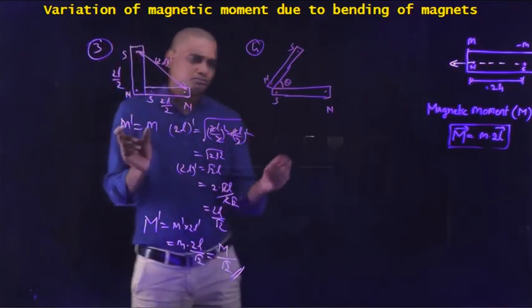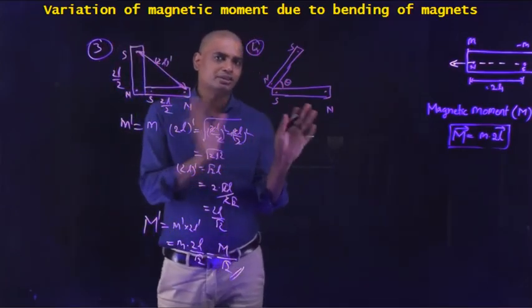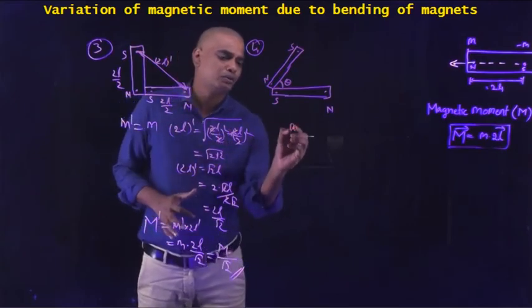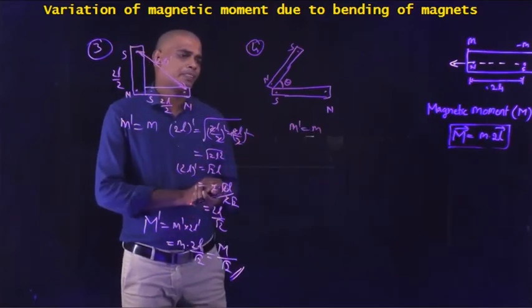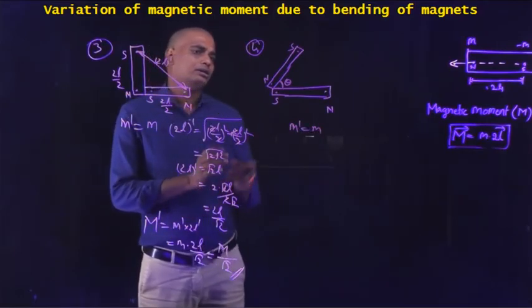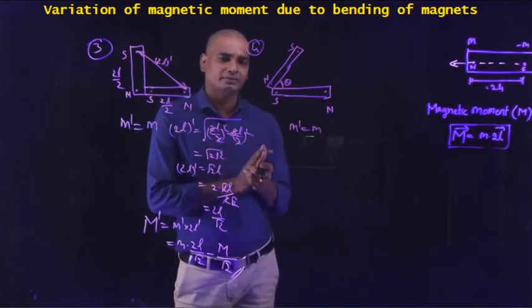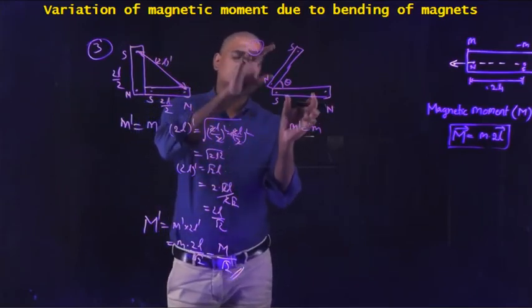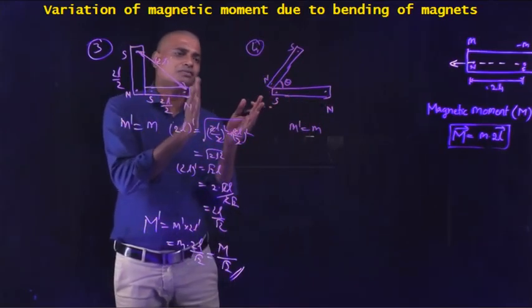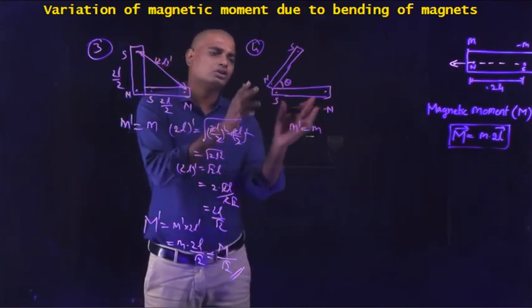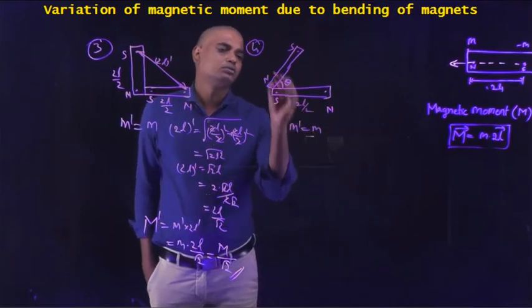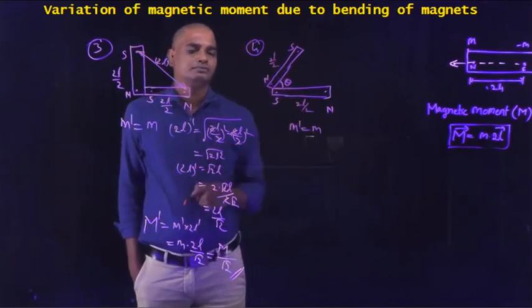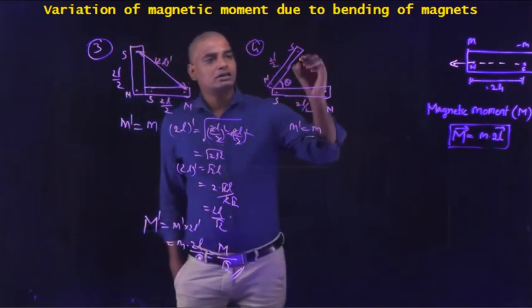By using the alternate method, the pole strength m dash is equal to m, which remains the same, and the length of each segment, as it is bent at the middle point only, will be 2l by 2, here 2l by 2, here also 2l by 2.